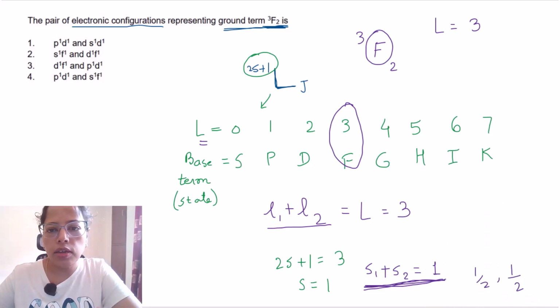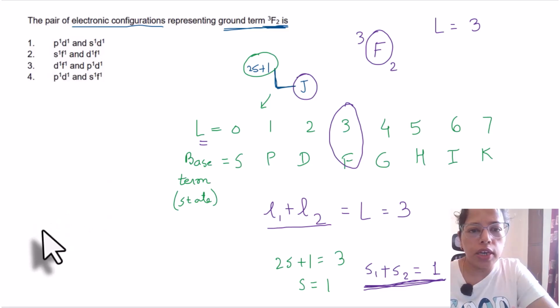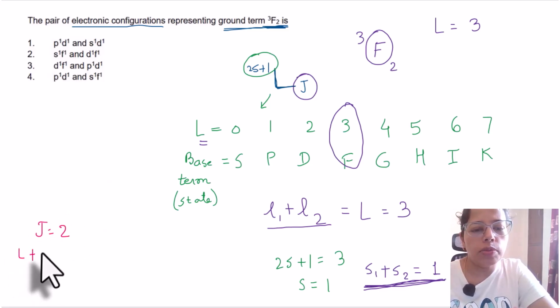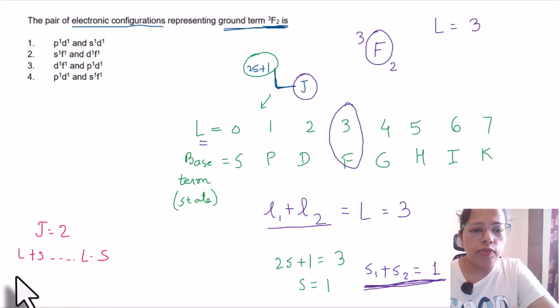Now lastly, from our ground state term symbol, we have the value of J. So J has been given as equal to 2. We know what J is: the summation of L plus S to L minus S. So we have L, which is 3, and we have S, which is 1.